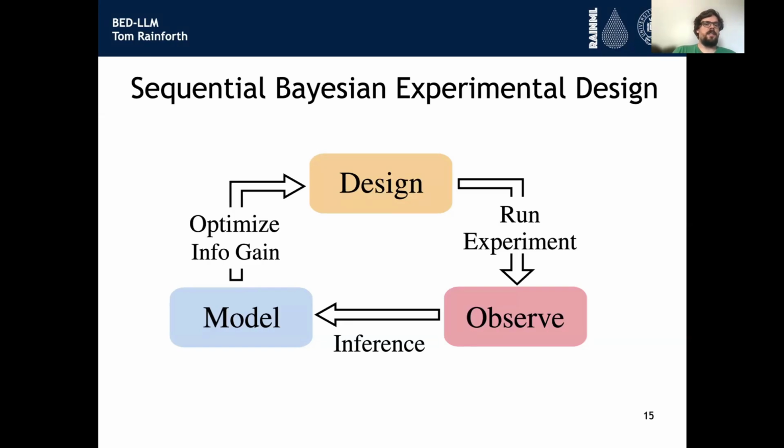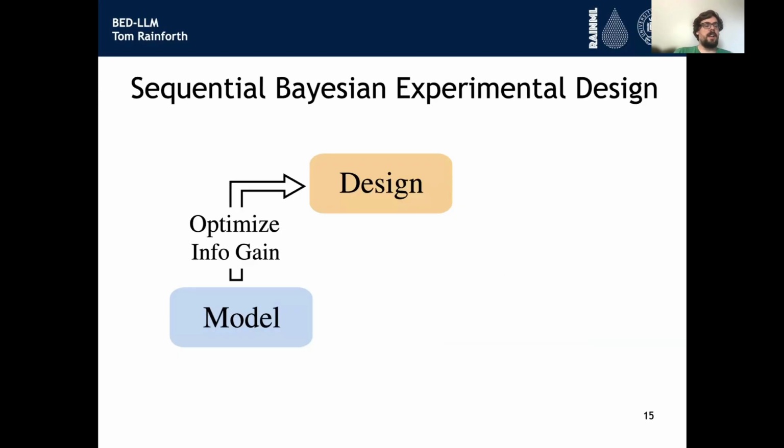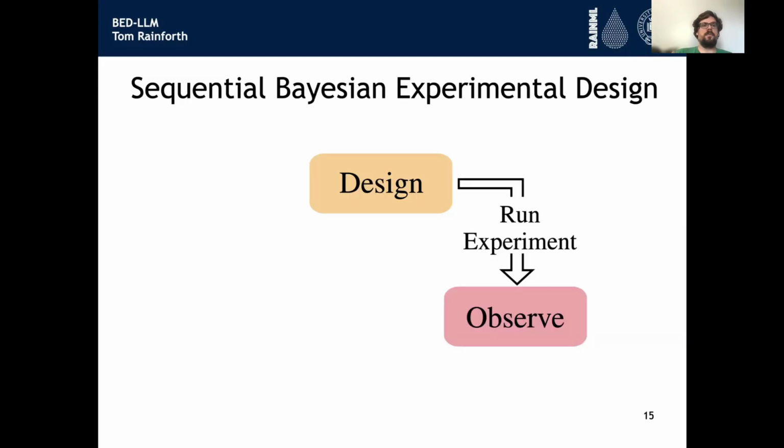So we can do what's known as sequential Bayesian experimental design or Bayesian adaptive design by iterating between maximizing this expected information gain to choose a design, or in our setting, this query. Then we can run the next step of our experiment. So here we actually pose that query and get a response from the user or the external environment.